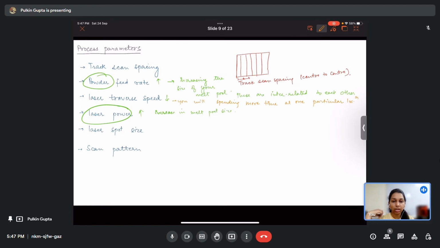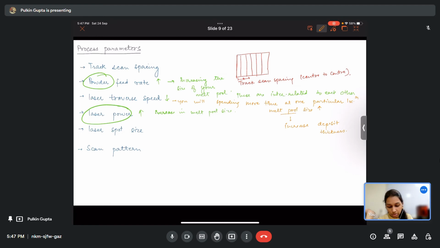It will be exposed to the laser for a longer time, and hence your melt pool size will increase again. So you see these have similar kind of effect, and hence this will increase the deposit thickness. Okay, so this is how these parameters are interrelated.